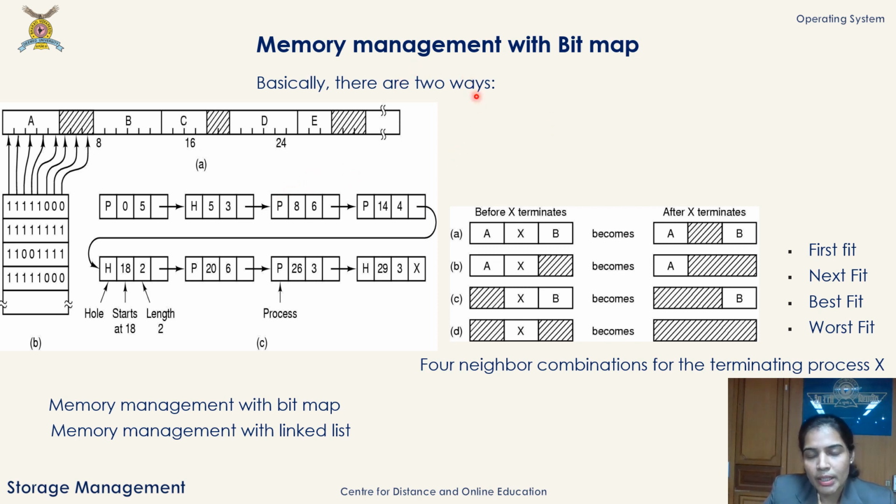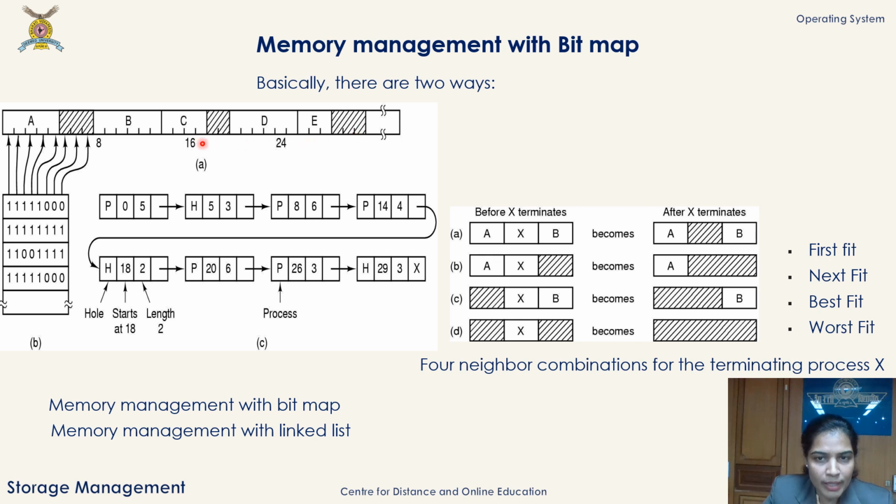Let's see how memory can be managed. Memory can be managed using some techniques: memory management with a bitmap and memory management using a linked list. The operating system keeps track of memory in these two ways. In a bitmap, the memory is divided into small allocation units.